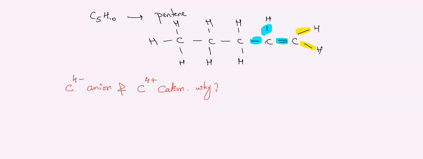Carbon can gain 4 electrons, but it would be difficult for the nucleus with 6 protons to hold on to 10 electrons, that is 4 extra electrons.